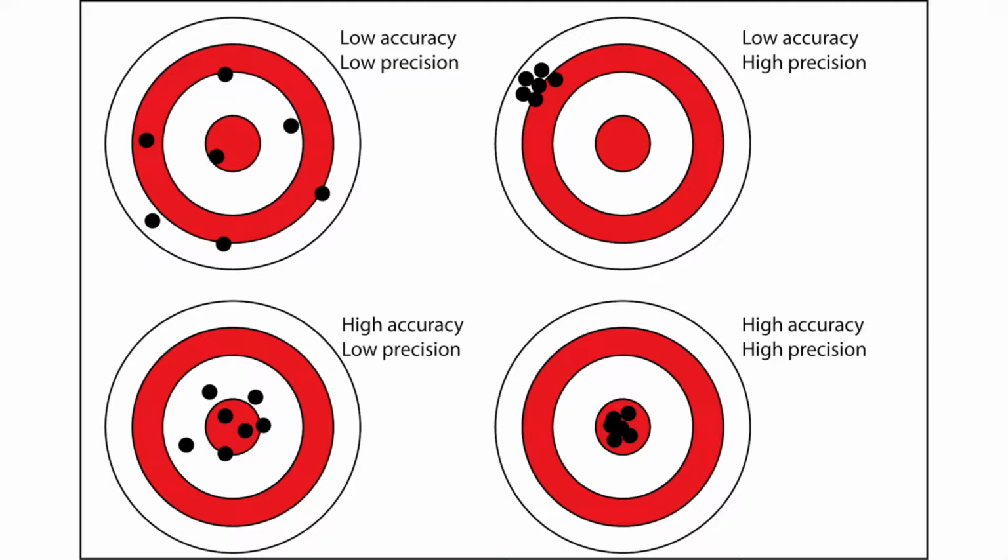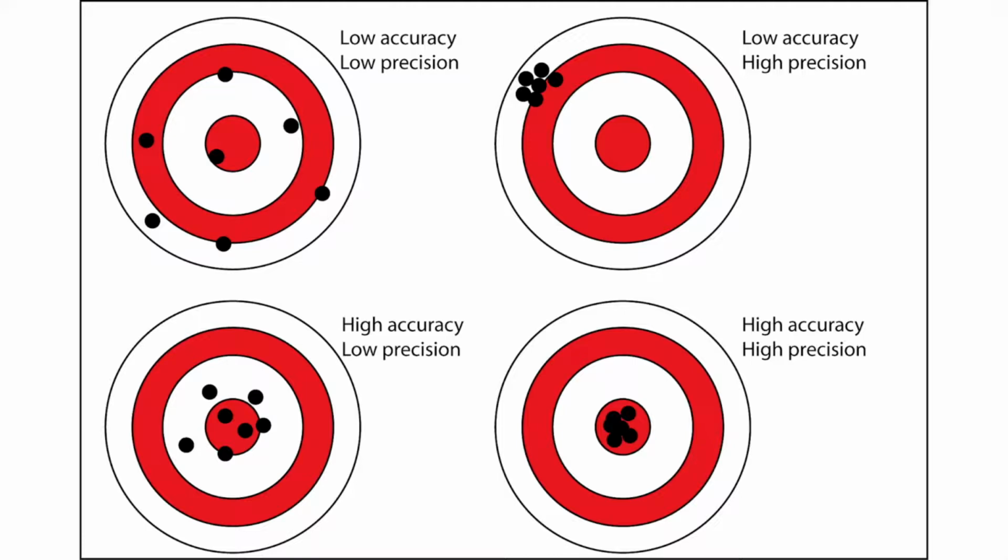So if you hit the bullseye, that's really what you want to measure. That reflects accuracy. If you keep doing it and you always get the same result, you're very precise. That's good, but you're not accurate.